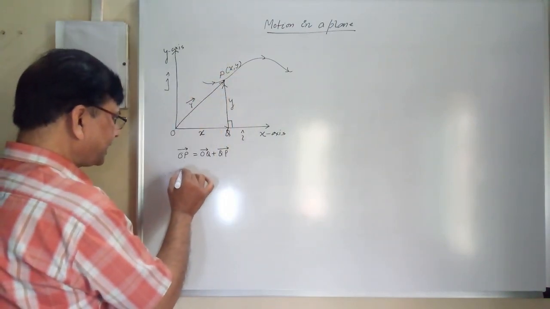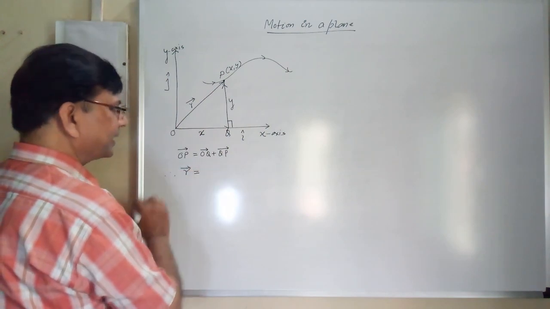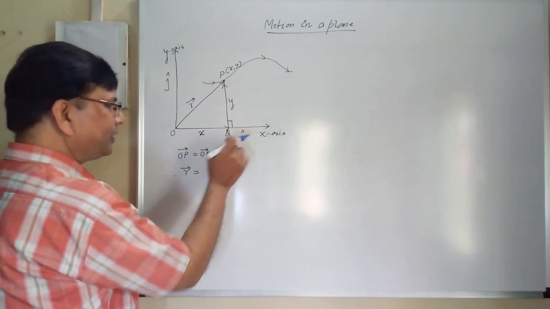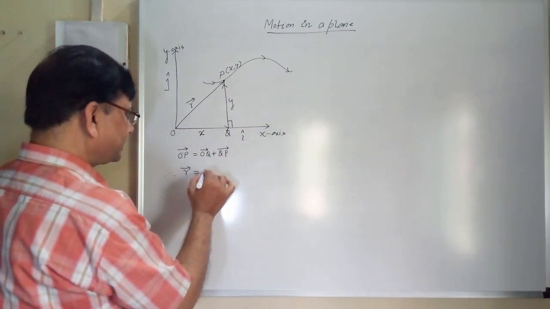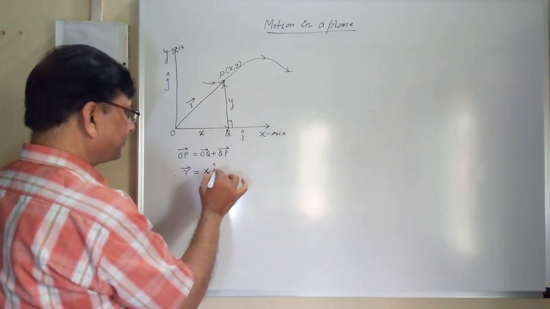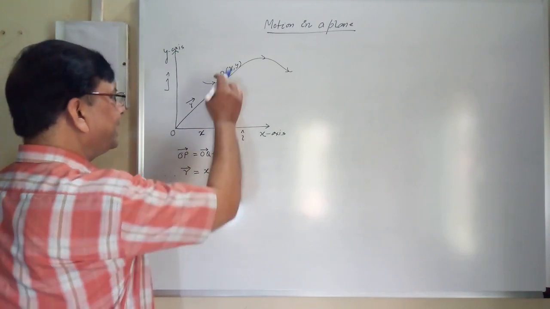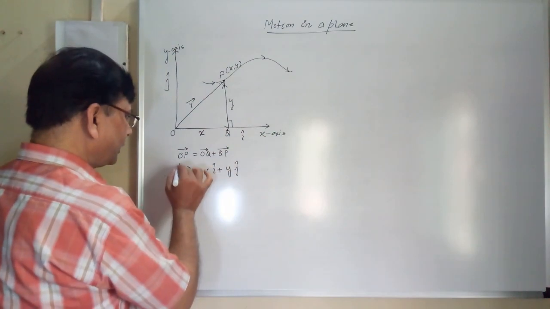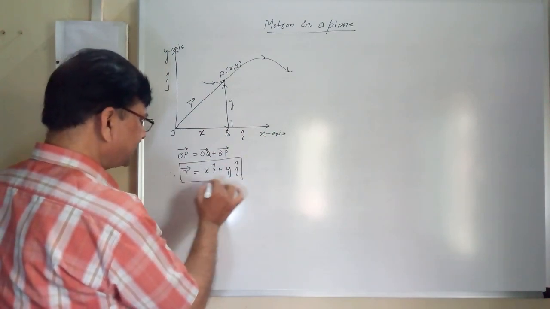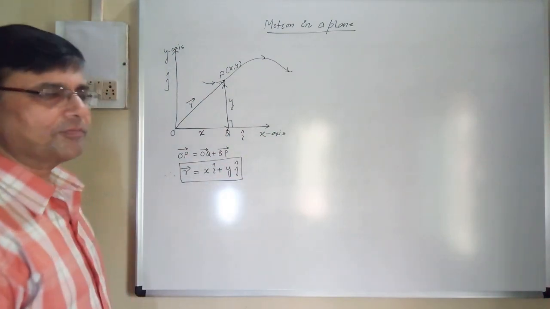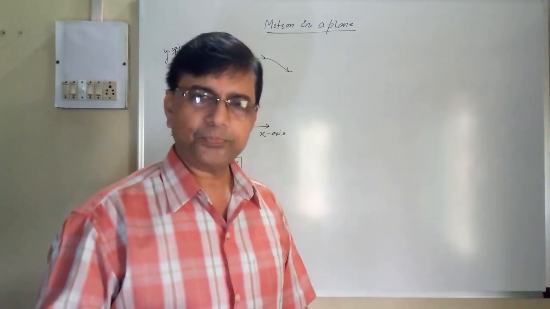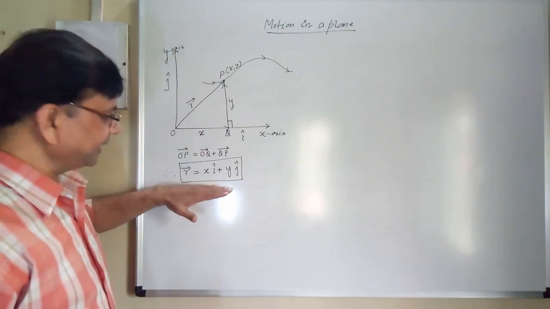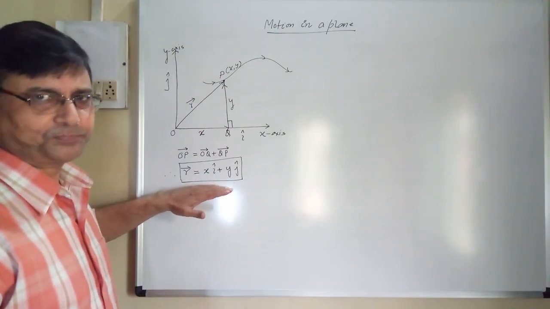Therefore this r vector can be written as magnitude multiplied by the unit vector along this direction. So it is xi plus, in the same way, yj. So the position vector is specified in terms of the coordinates of the point, and that is written in this form.